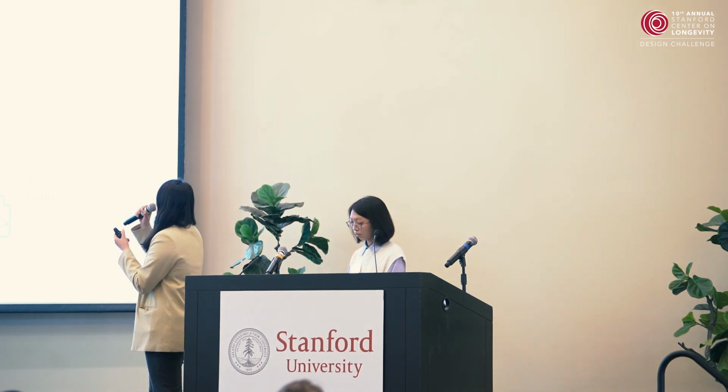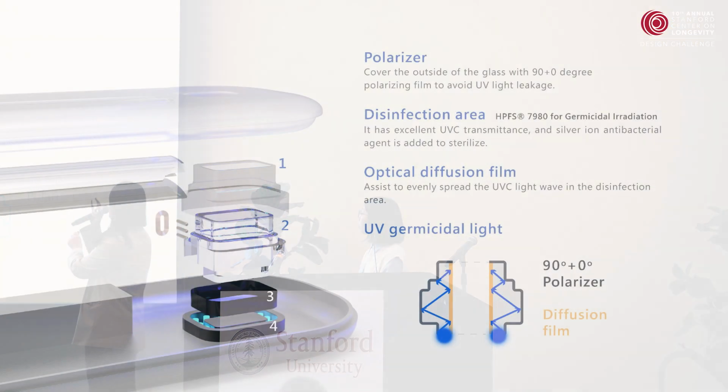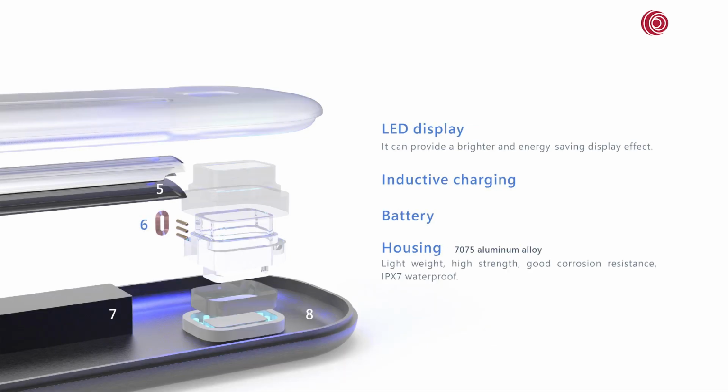So the following is the structure and materials. The disinfection area covers a 90 degrees plus 0 degrees polarizer to avoid the light going out. The diffusion film can enhance the power of light. The left side is the LED display, detecting, charging, battery, and housing.